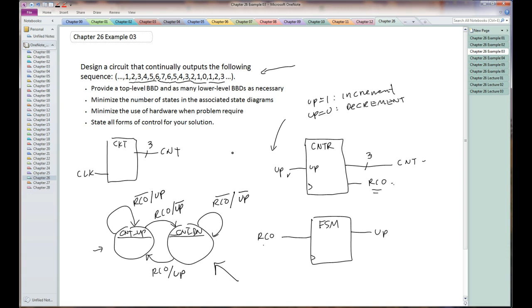Now the boundary conditions are the upper count and the lower count, when it hits 7 and when it hits 0. Keep in mind that this is an up-down counter, so the RCO is dependent upon the count direction. So when it's counting up, the RCO turns on when it's at 7. When it's counting down, the RCO turns on when it's 0, and I've taken advantage of that in this state diagram.